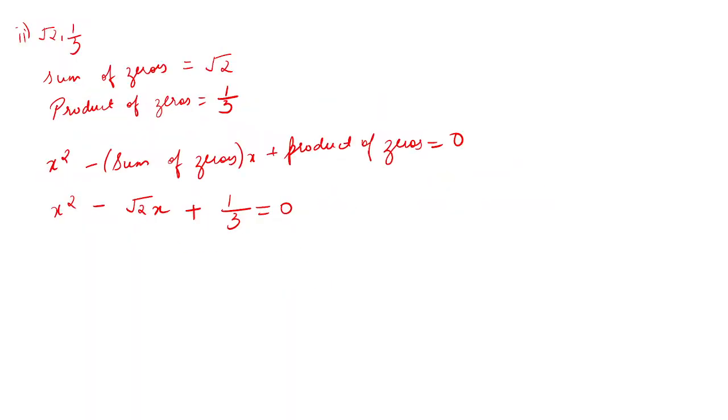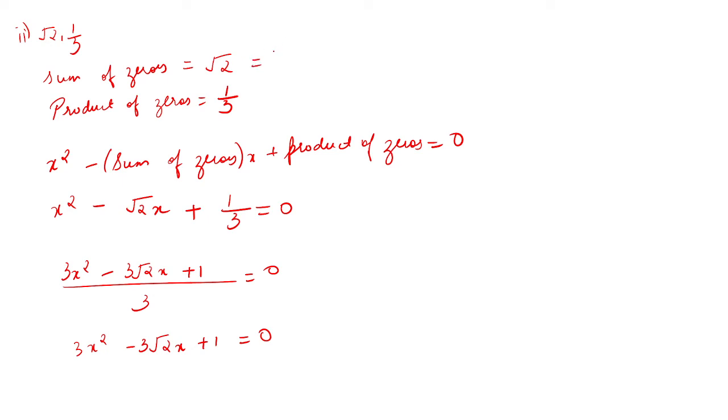So this is how it's working. You just take the LCM for this, so you'll be getting 3x square minus 3 root 2 x plus 1 equal to 0. So your quadratic equation would be 3x square minus 3 root 2 x plus 1 equal to 0. Clear? Remember the formula: the sum of the zeros is minus b by a, and the product of the zeros is c by a.